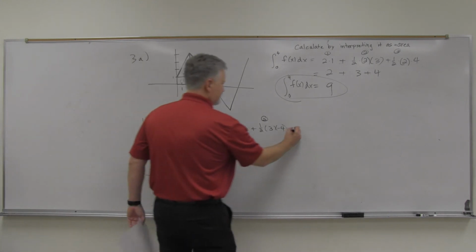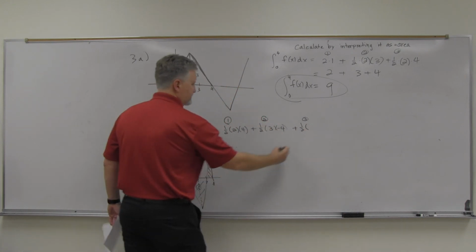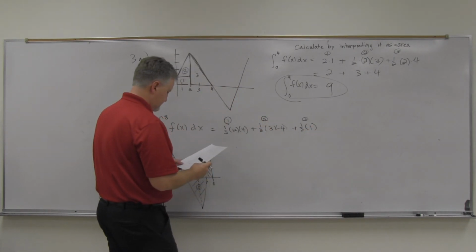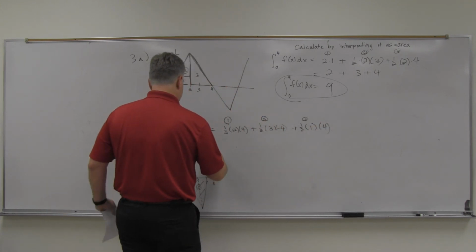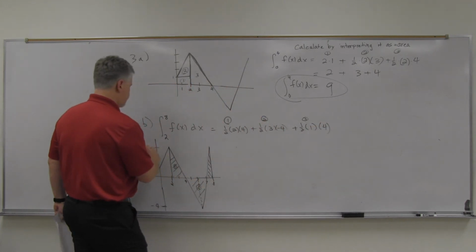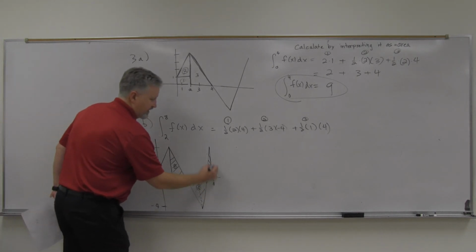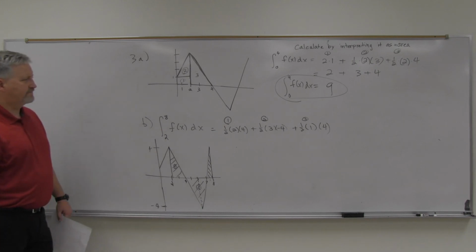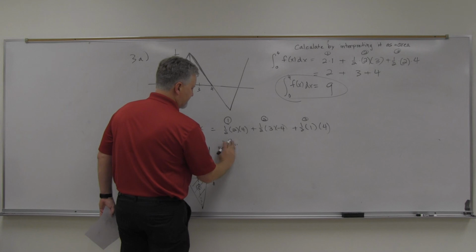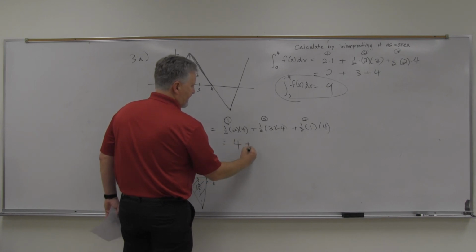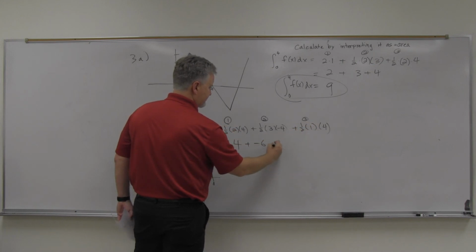And then the third one is another triangle, so it's 1/2. The base is just 1. The height is 4. So the area is 1/2 times 1 times 4. So here's what I've got: half of 8, which is 4. Half of -12, which is -6, and then half of 4, which is 2.